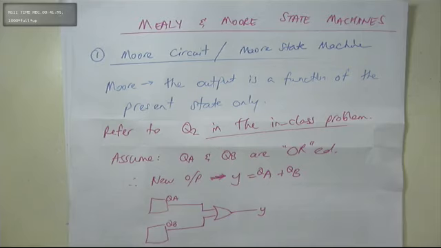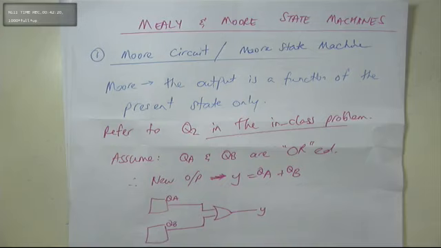If the system input is involved in the derivation of the system output, depending directly on X, then that is a Mealy machine. And if X is not involved and the system output is only dependent on the current states of the flip-flops, that's a Moore machine. So that's a way to think of it.